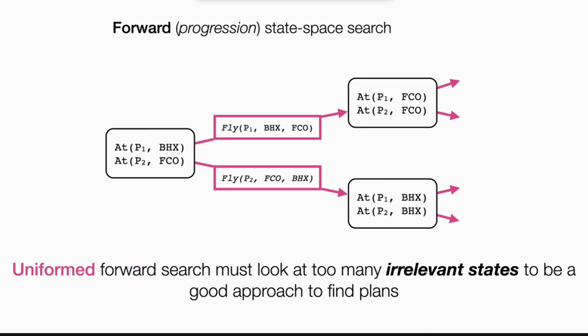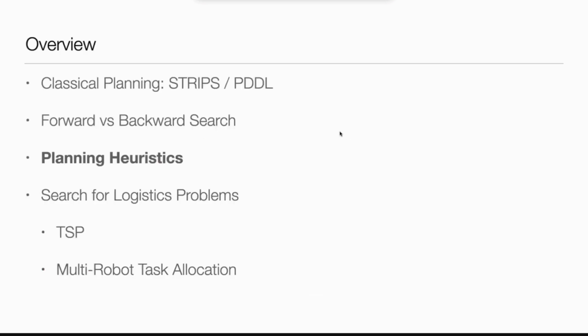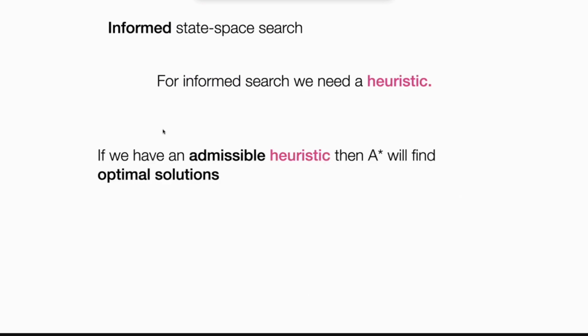So the final part of this lecture is about heuristics for planning. We won't look at this in too much detail, but we want to do informed state space search, and informed search needs a heuristic. If we have a heuristic and it's admissible, i.e. it never overestimates the cost, then A star will find us optimal solutions, which is what we want, and it will usually find them quickly.